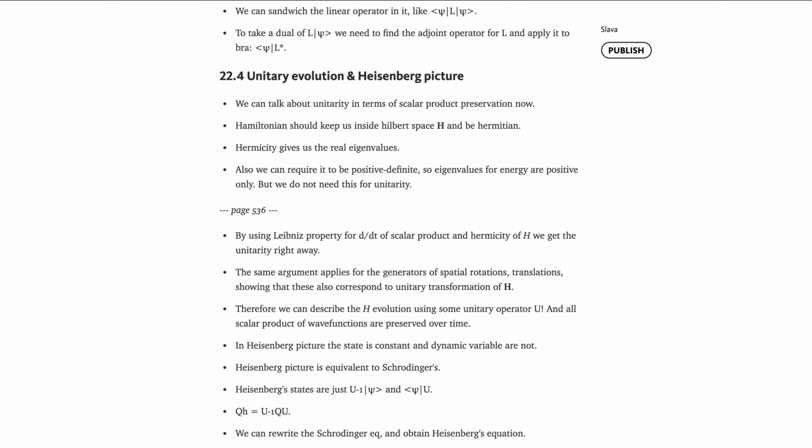And we can show that eigenvalues are preserved in comparison to the Schrodinger picture.